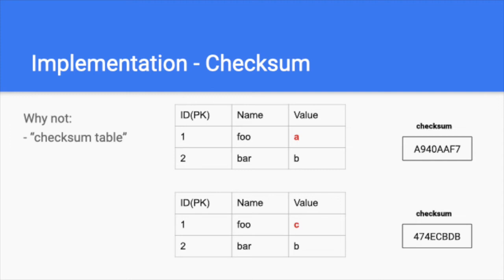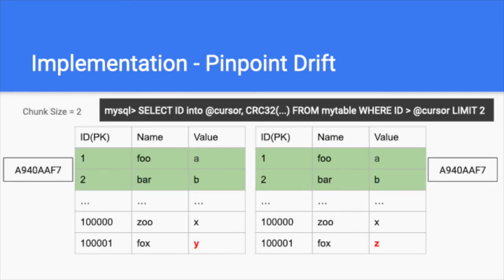So here we use a similar mechanism. Instead of using binary search, we just break the table into multiple chunks with a predetermined chunk size, and then use similar SQL to compute the checksum for individual chunks. So we narrow down the data drift into a range that can be represented by a where clause with a static size.